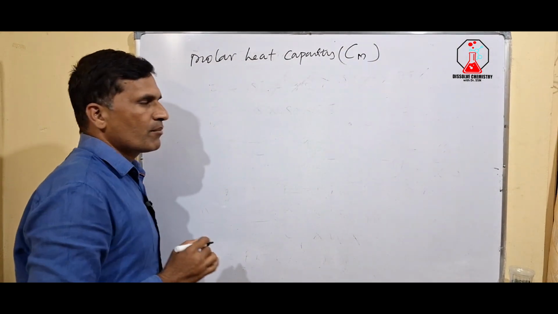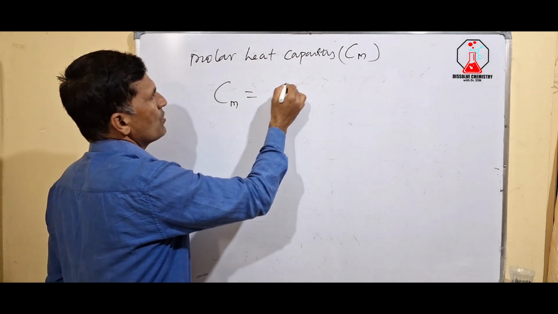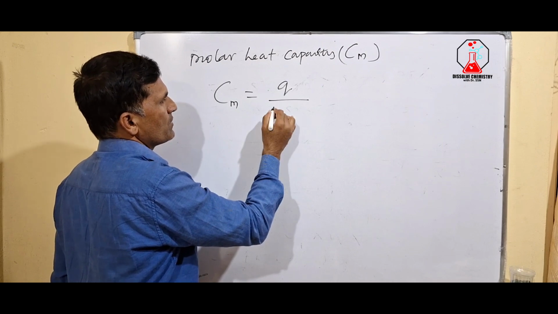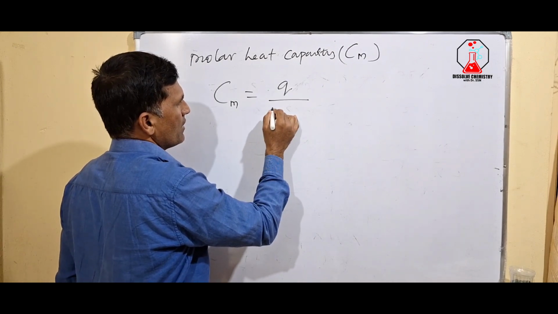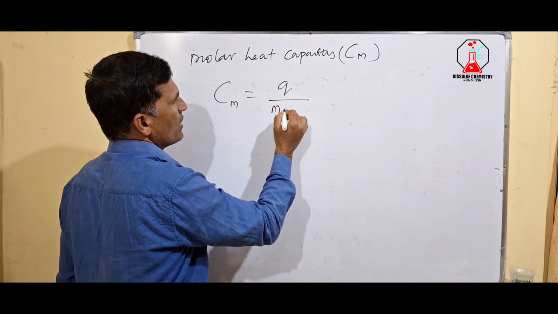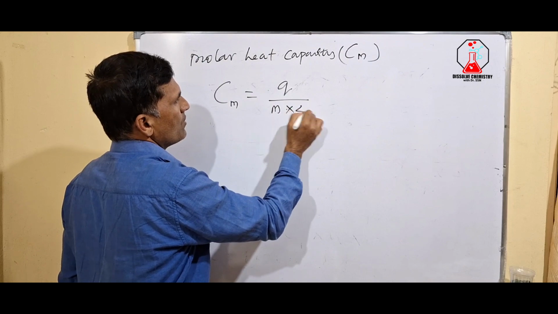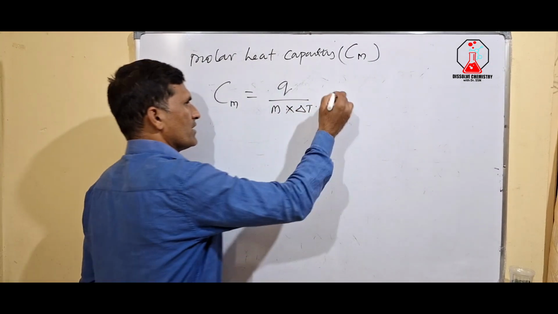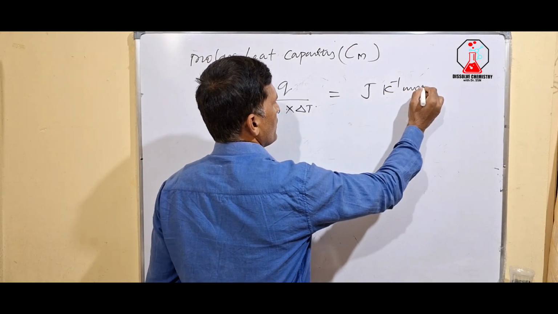See, molar heat capacity means it is the amount of heat energy required to raise the temperature of 1 mole of substance between 2 temperature limits. Okay, the substance taken will be 1 mole, into delta T. So therefore its unit turns out to be joule per Kelvin per mole.